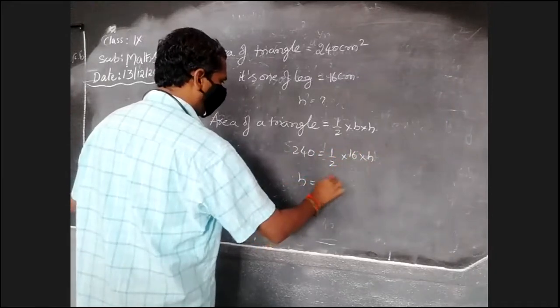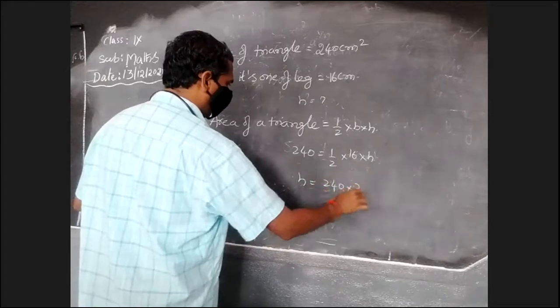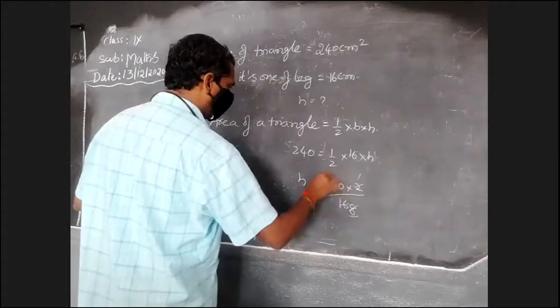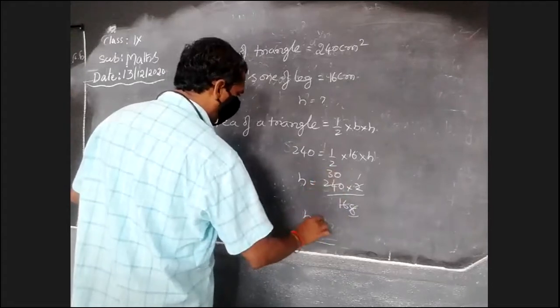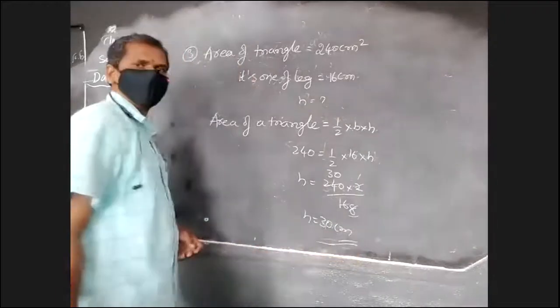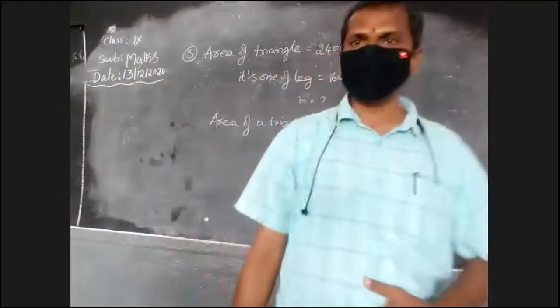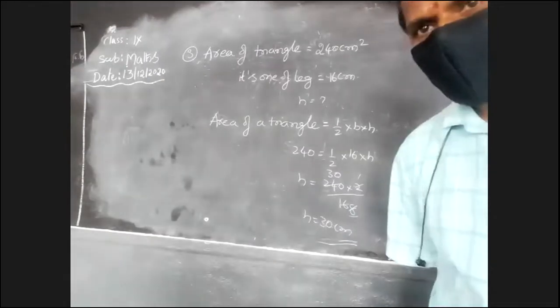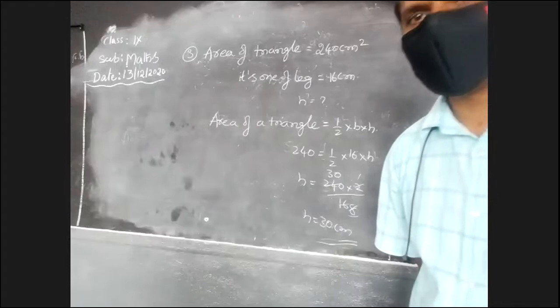Then height equals 240 into 2 by 16. 2 ones are 2, 8 ones are 8, 8 thirties are 240. So the other leg's length is 30 centimeters. Take a screenshot or write fast.